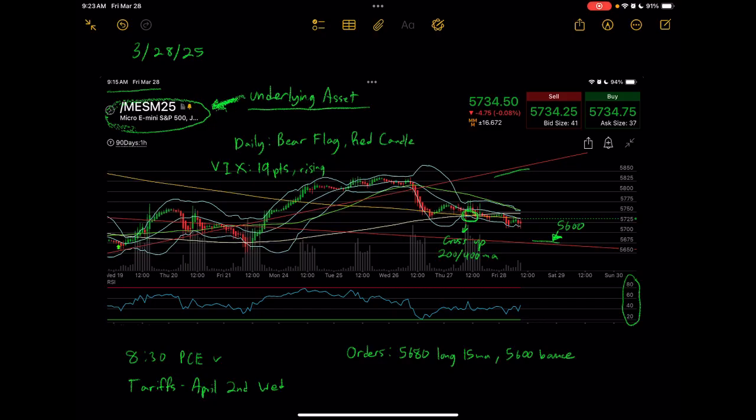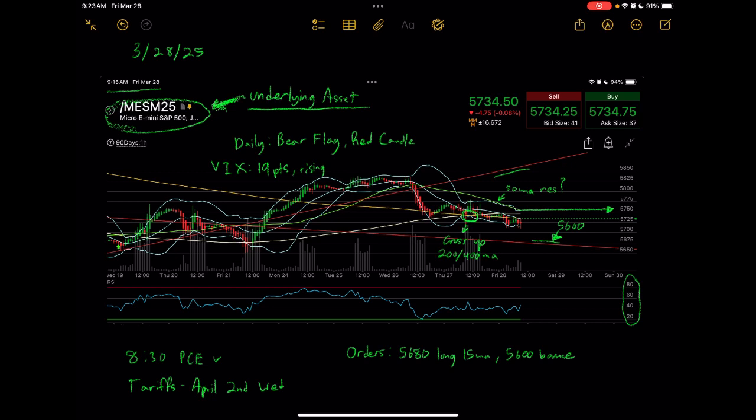The next thing is the 50 MA is at 5750. So right here, this is the 50 MA, and it is acting as resistance, right?